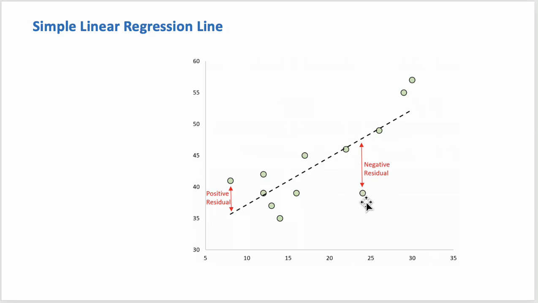Contrary to that, if you pick this point below the line and you took the observed y value minus the one that's predicted, it would be negative.